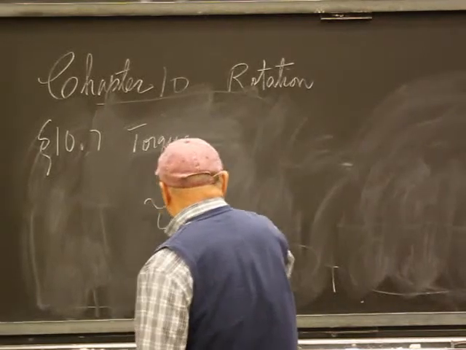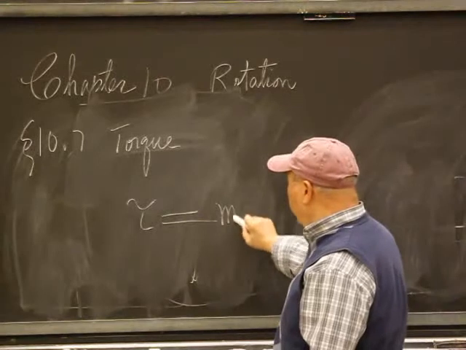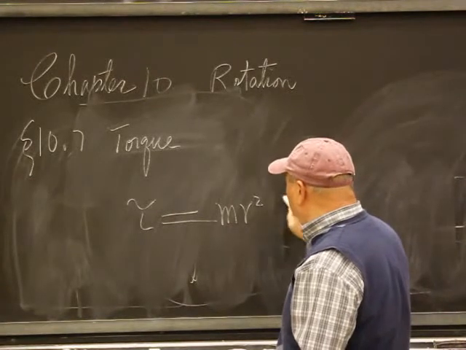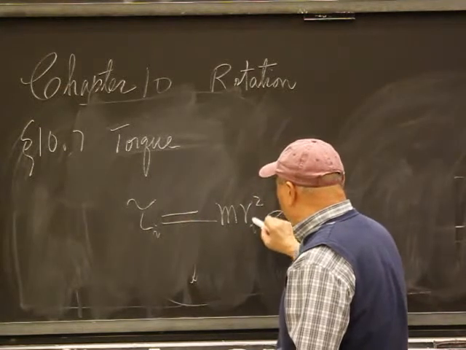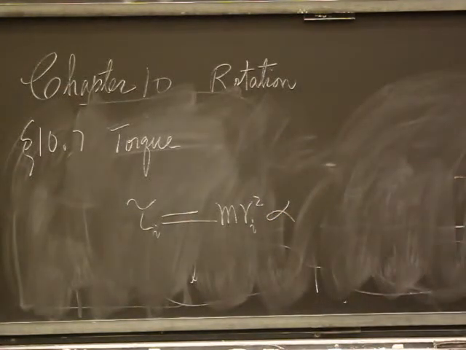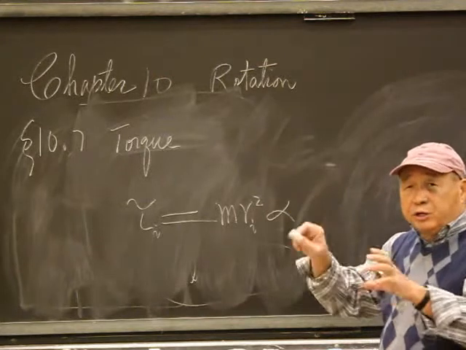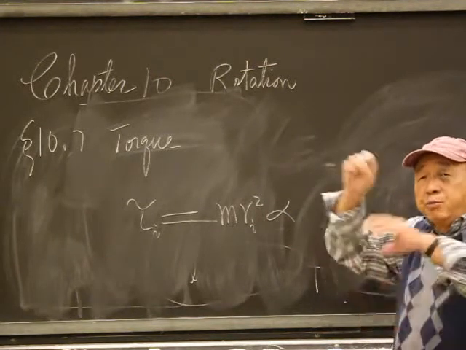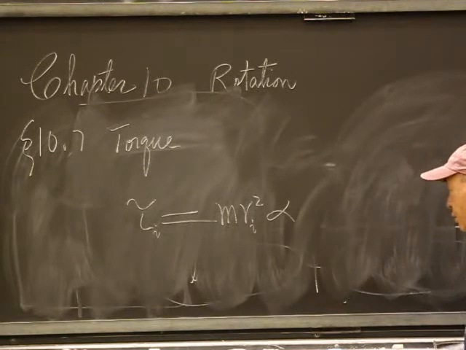Not given to us in this case, the torque is equal to m r squared alpha. If this is a_i and this is a_i, and from the previous example we already know that alpha for each particle, each mass point, has the same angular acceleration.